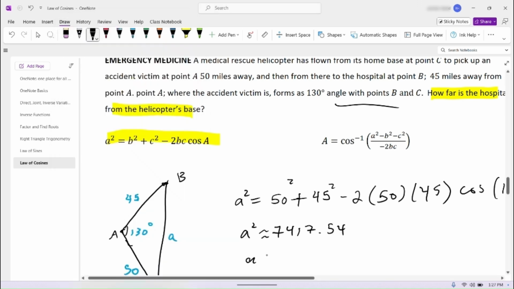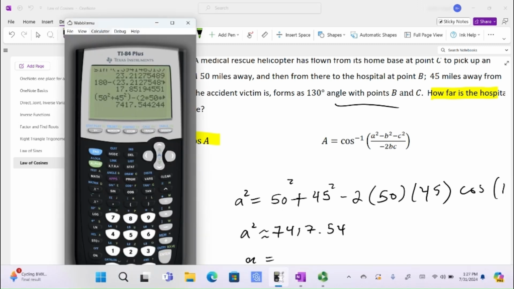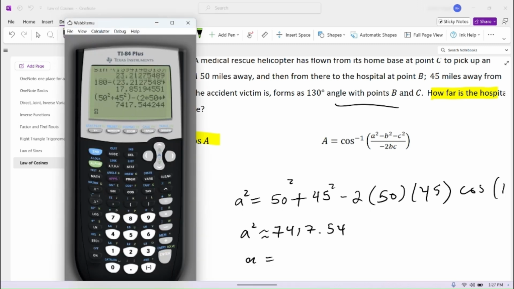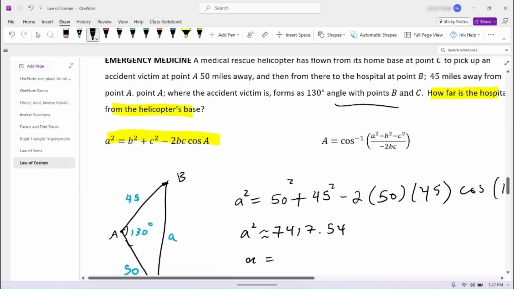So a equals the square root of this number. So a is approximately 86.125. And let's see what the units are. This is miles.